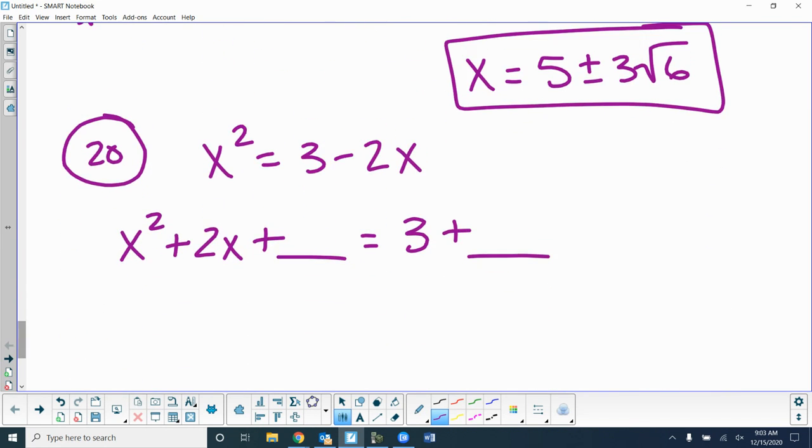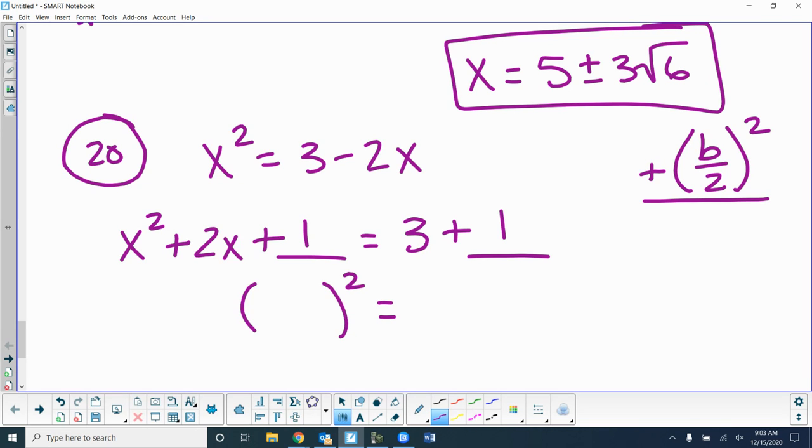Okay? So, again, you might want to put this, put completing the square: the blank's always plus b divided by 2, squared. So b is 2 in this problem, divided by 2 is 1, and when I square 1, I get 1. Okay, so then I'm going to factor it like that.